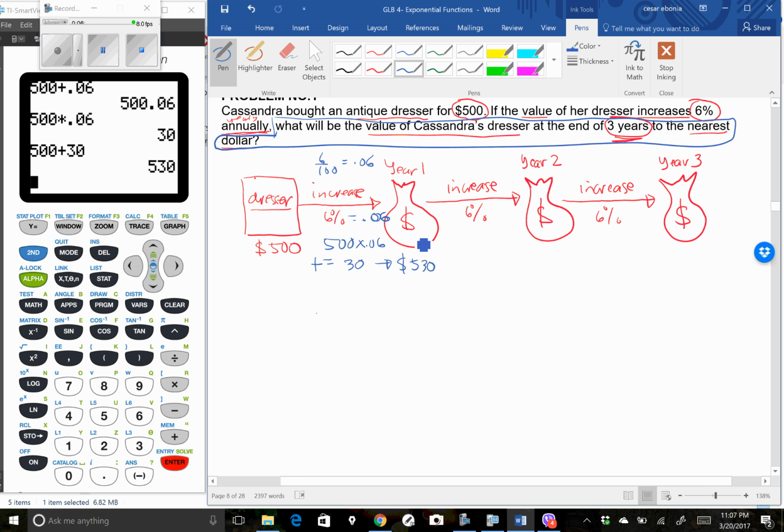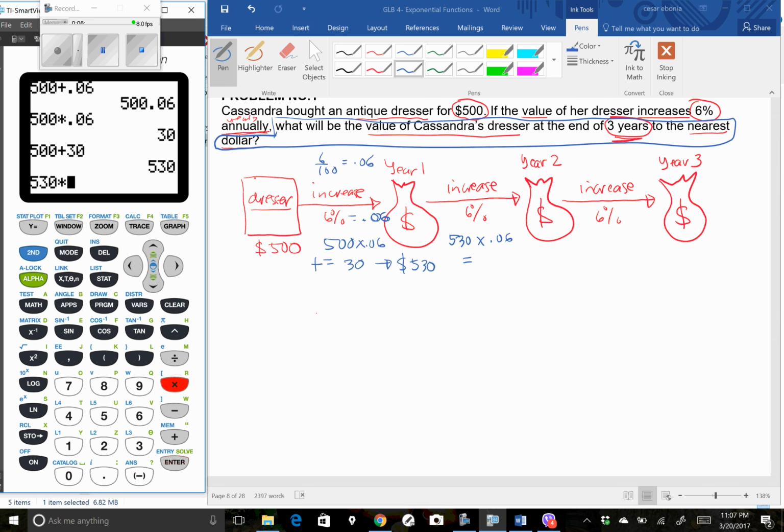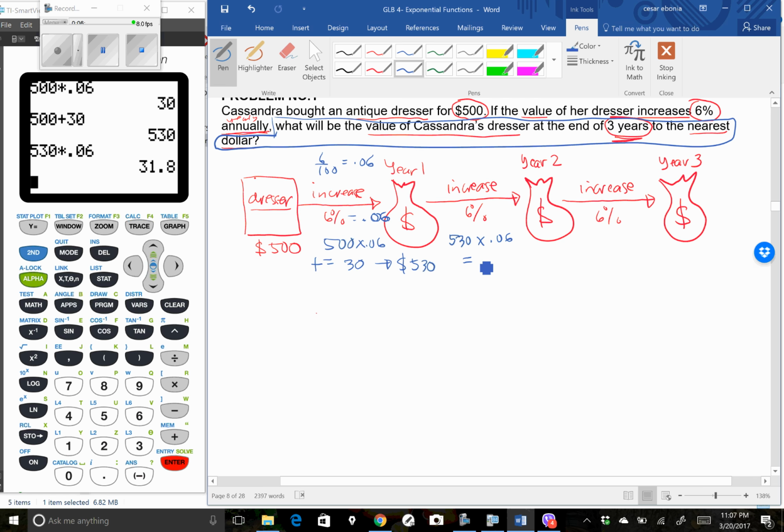Now year two, what would be the new value in the second year? The new value now is 530, so it should be 530 times 0.06, which is 31.80.